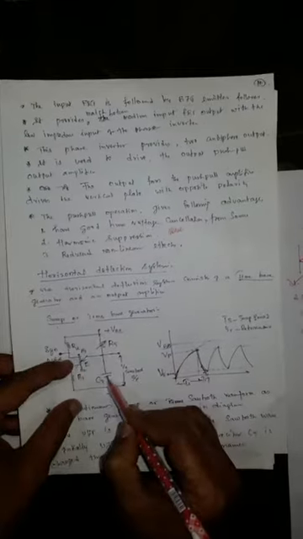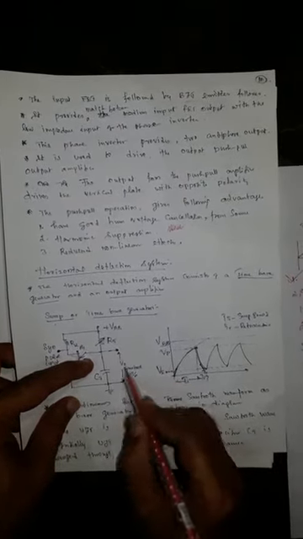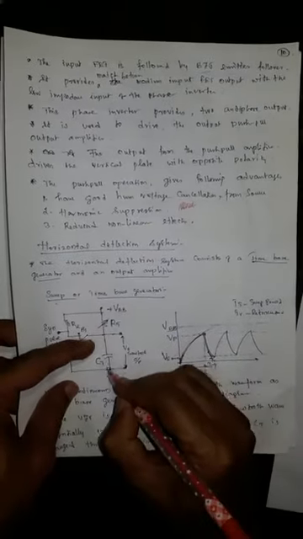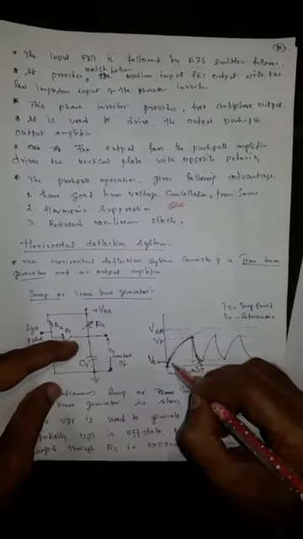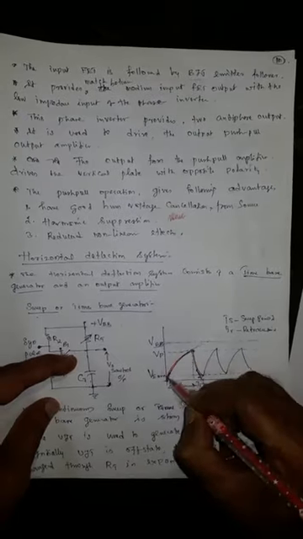The output terminal is in parallel with this capacitor. So once CT is exponentially charging, the same voltage will exist at the output. Therefore we get this waveform.